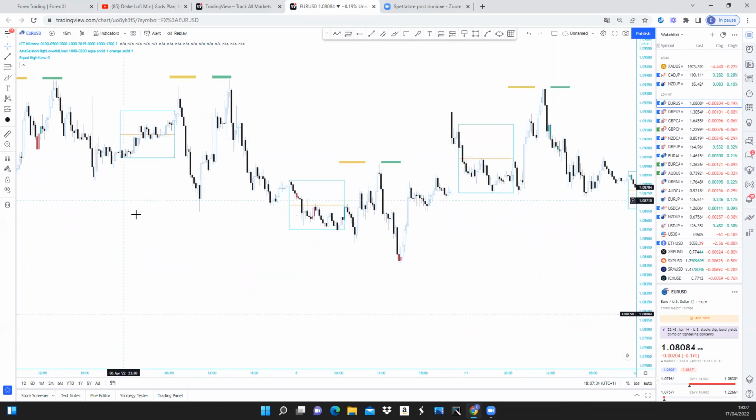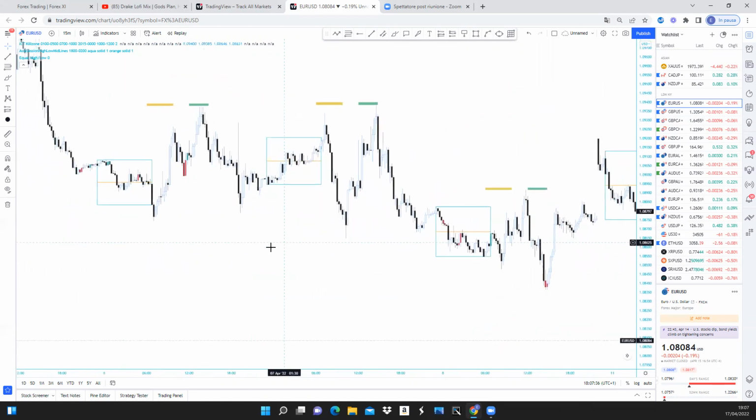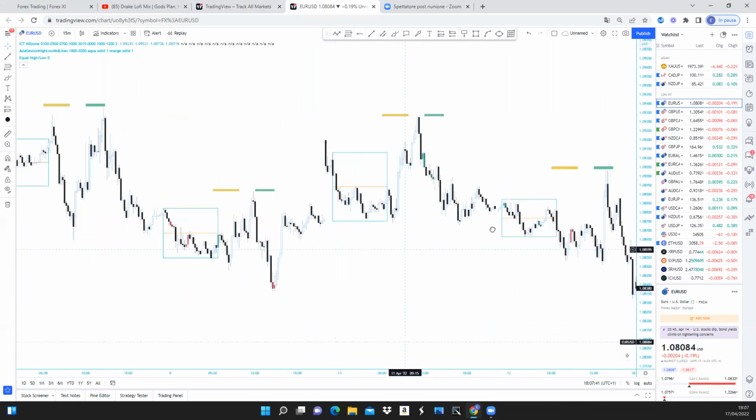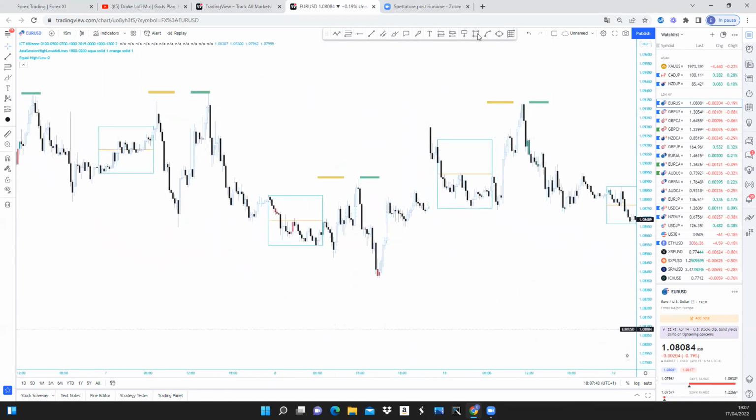Now, I don't have marked here some of the trades that I took during the week, but let's go over some examples. So let's say, for example, that we wanted to take this trade, and I think that I actually took it. So we see manipulation of the Asian range to the upside, looking for sells. We go on lower time frames.